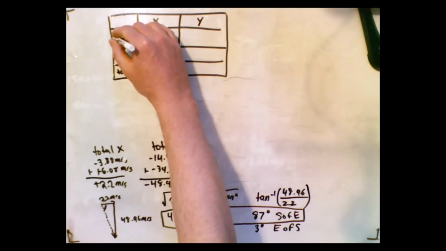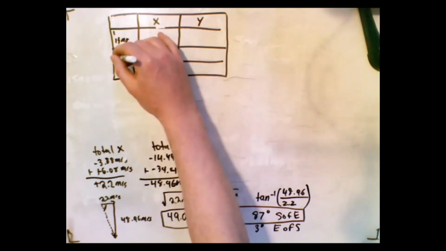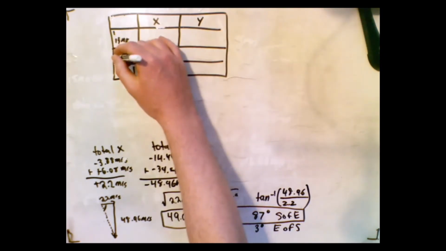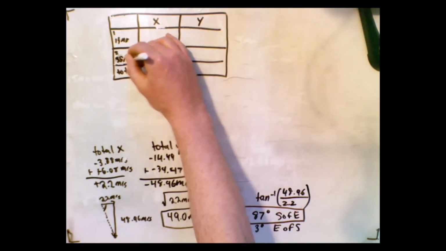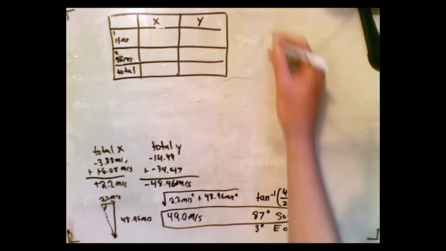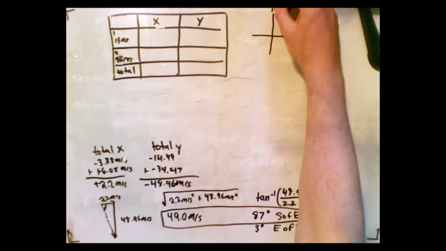So what we need in here is we need a magnitude. So vector 1 is 15 meters per second, and vector 2 is 35 meters per second. Okay, and the next thing that we're going to do is we're going to figure out what our angles are in RCS.